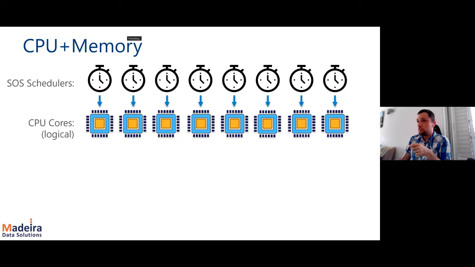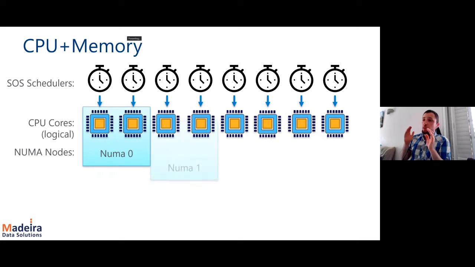In essence, you can say that it represents a CPU core. And there is a DMV to get a list of schedulers, and that is what we would be looking for. So when SQL Server starts up, it assigns an SOS scheduler per each logical CPU core.